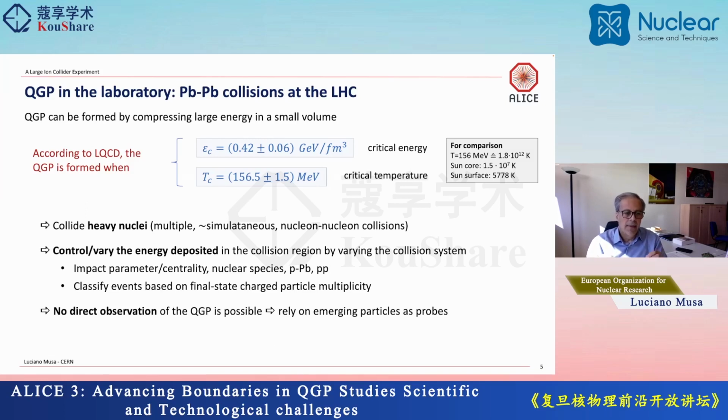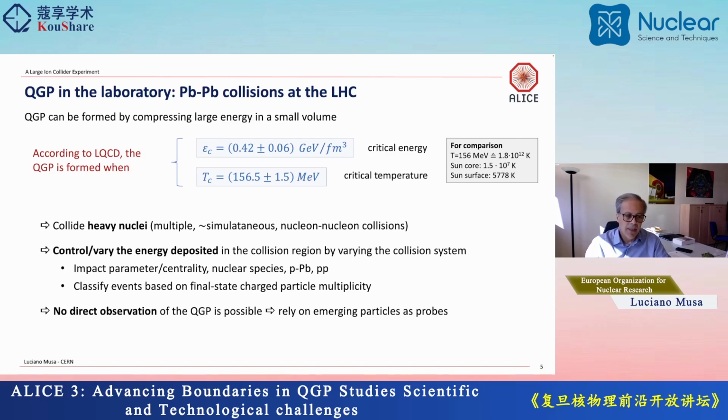When we collide heavy nuclei, the idea is that we have the possibility of concentrating in a very small volume a very large amount of energy with multiple, almost simultaneous nucleon-nucleon collisions. We can control and vary the energy deposited in the collision by varying the collision system and geometry, so the impact parameter, whether they are head-on collisions or the centers of the two nuclei are slightly offset.